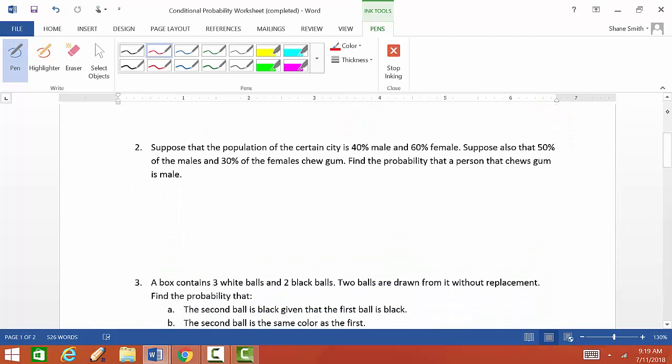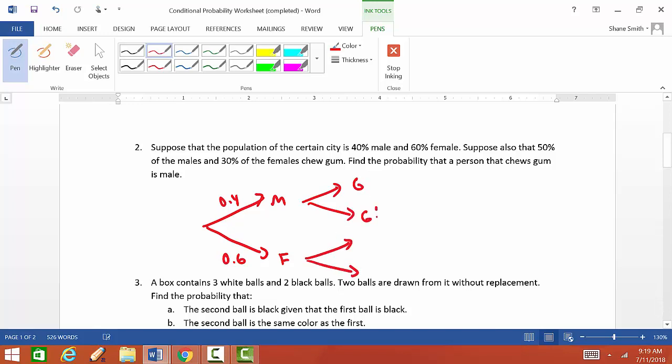Okay, number 2, I would advise using a tree diagram for. So we have this city with male and female, 40%, 60%. There's gum chewers, non-gum chewers.